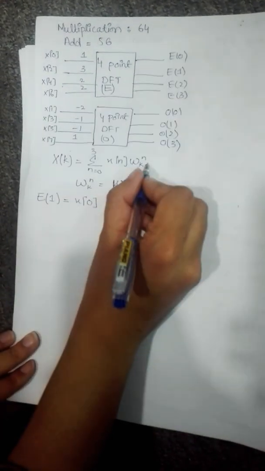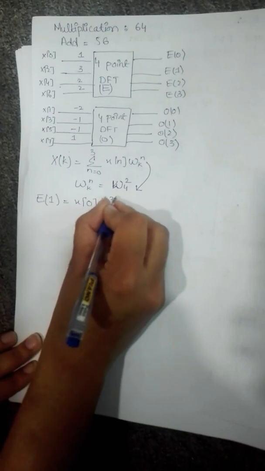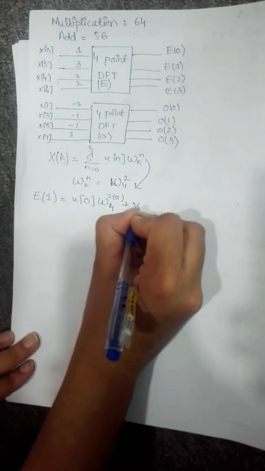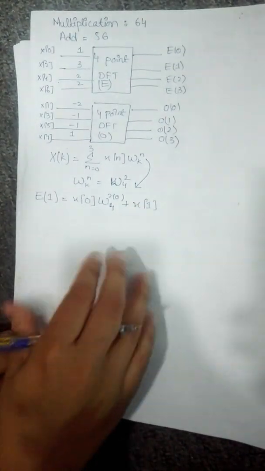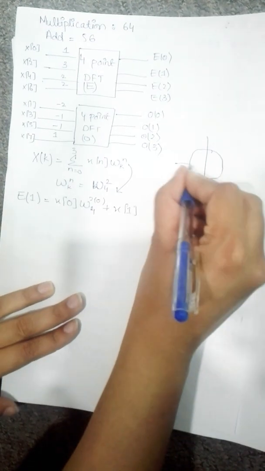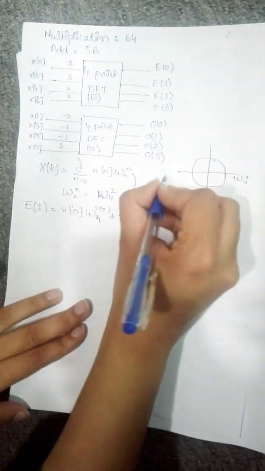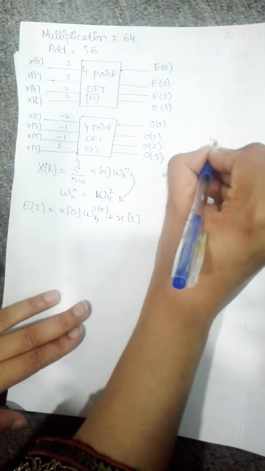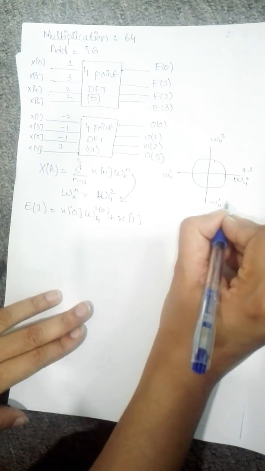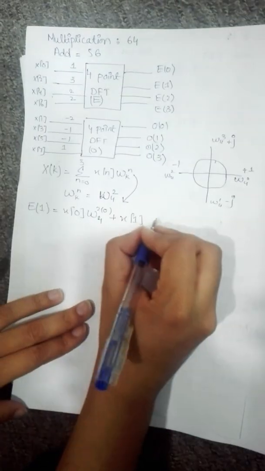Opening the summation, x of 0 W of 4, 0. You can see this value from the corresponding circle by dividing the circle into 4 parts. That is W of 4, 0, W of 4, 1, W of 4, 2, and W of 4, 3. It is 1, plus 1, minus j, minus 1 and plus j.